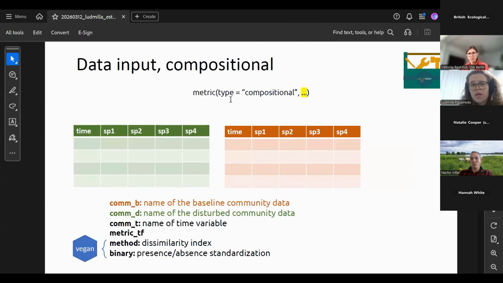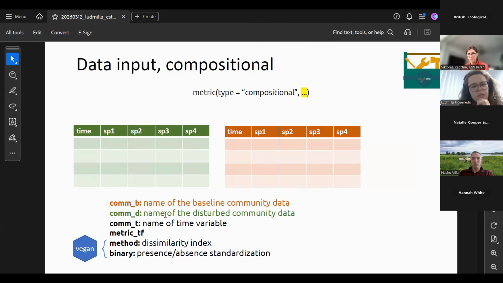If you want to measure stability as a change in the composition of your community, then it's relatively simpler. You need to have the data, a time series of your community composition for the disturbed and for the baseline systems, and you give them as input.